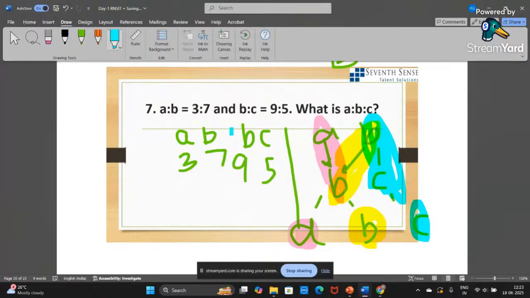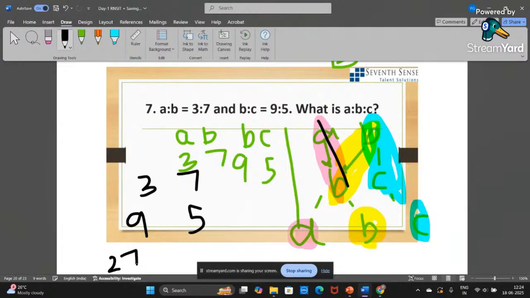Okay, we have to follow this step to find the A to B to C value. Now, let us apply this method to the numbers. What are the A and B values? It is 3, 7. Then B and C values are 9 and 5. So to find A value, we have to multiply like this. So 3 into 9, it is 27.